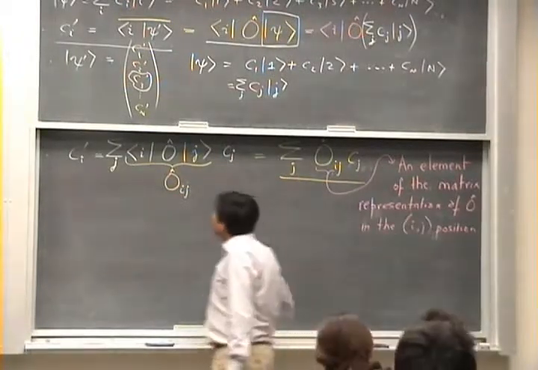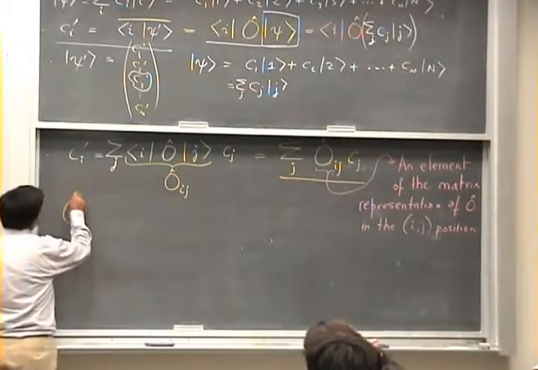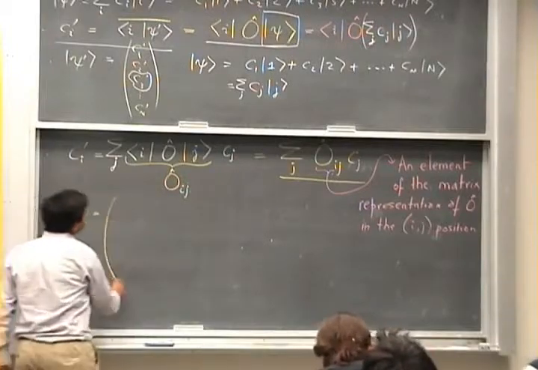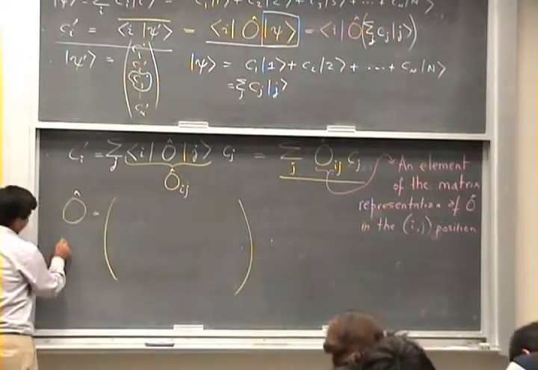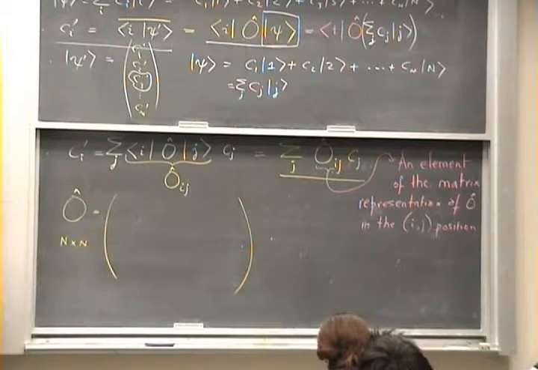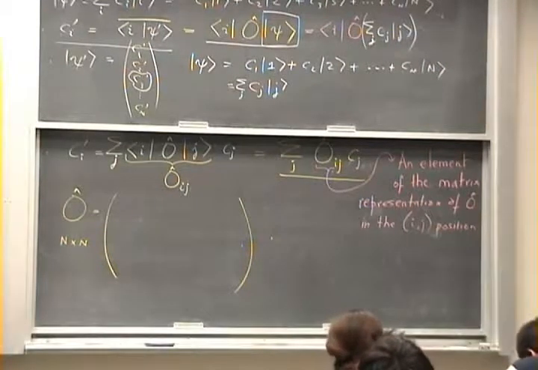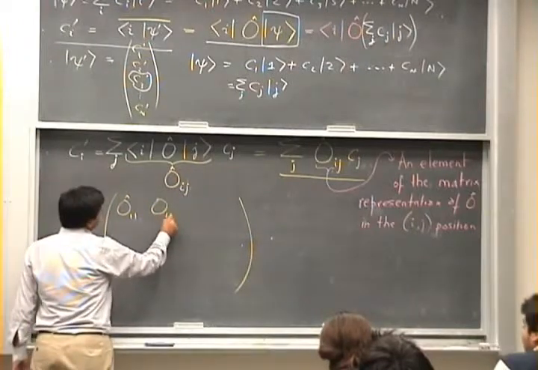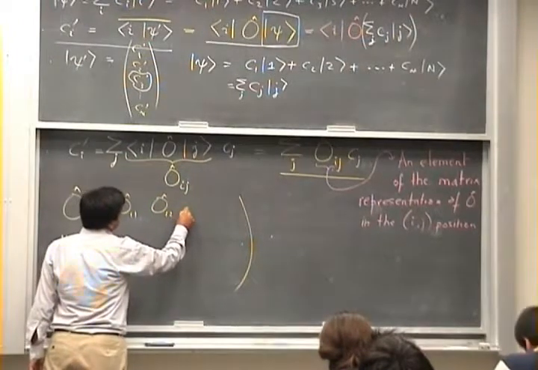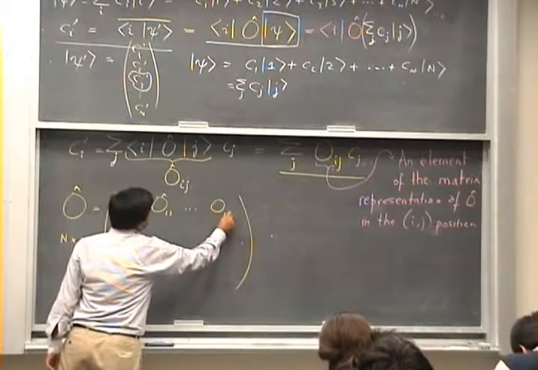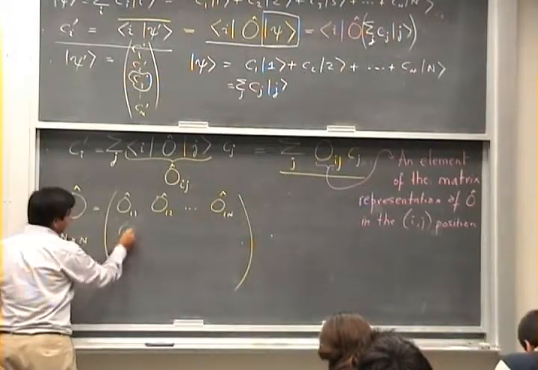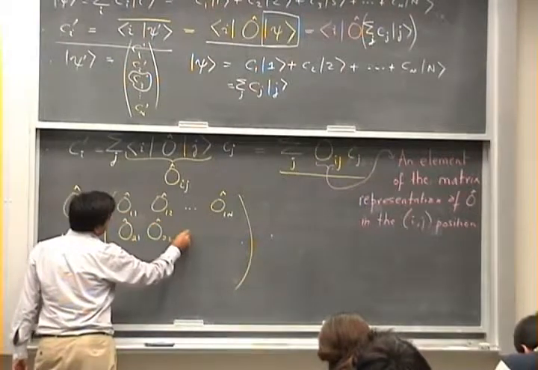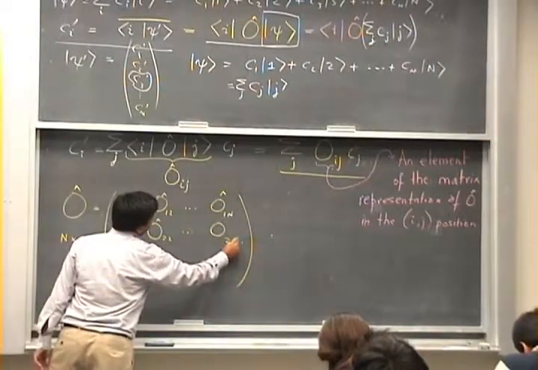So if I would like to write the operator O in matrix form, the size of this matrix will be n times m, and the elements of this matrix will be O11, O12, all the way up to O1n. Second row, O21, O22, all the way up to O2n.